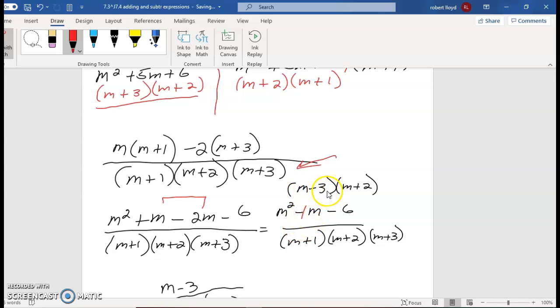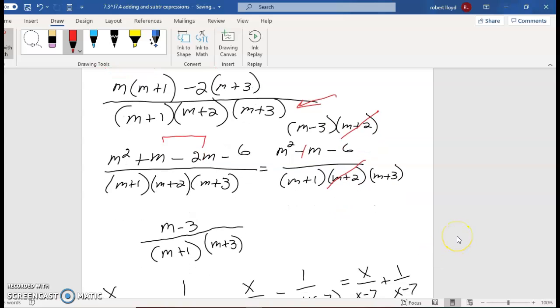So that would be m minus 3 and m plus 2. Okay, now we have that over our common denominator. So the m plus 2 cancels with the m plus 2. Nothing else will cancel. So we'll have for our numerator m minus 3, and we'll have m plus 1 and m plus 3 for our denominator.